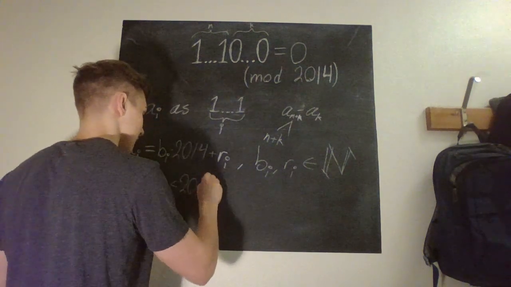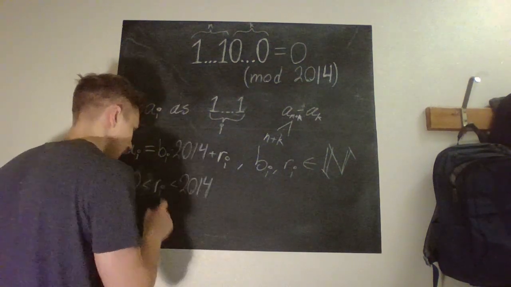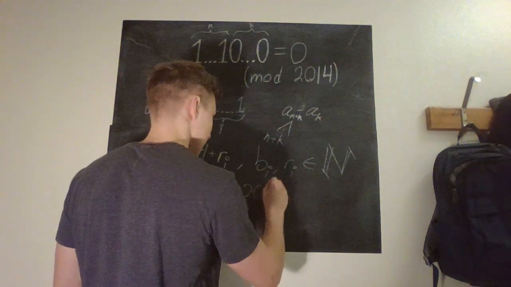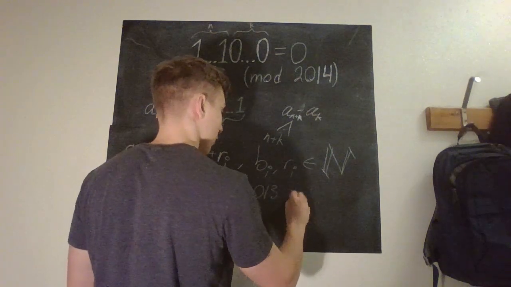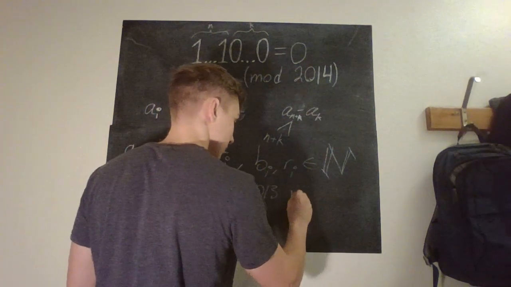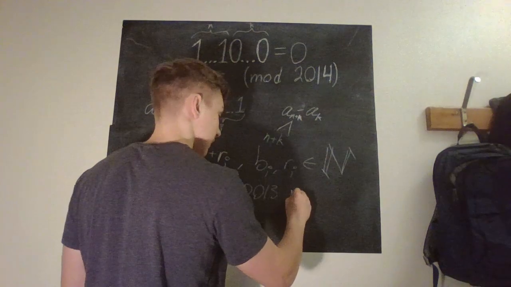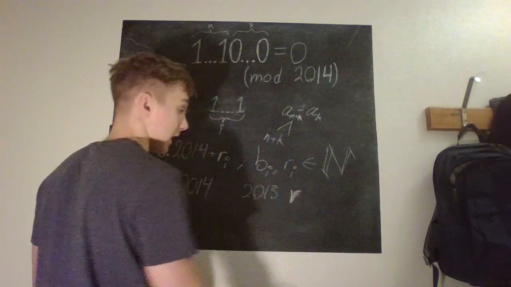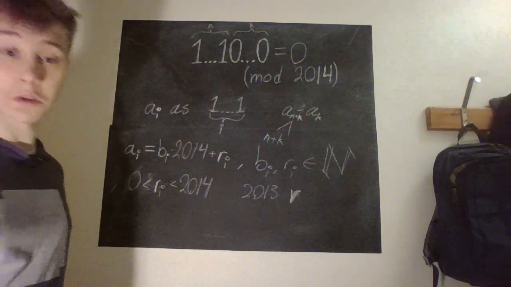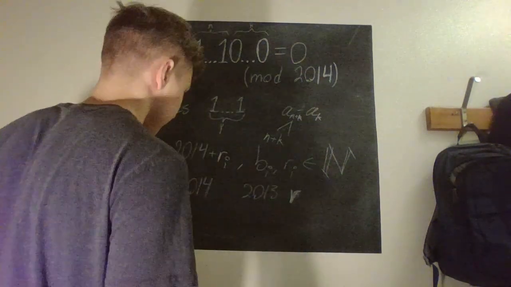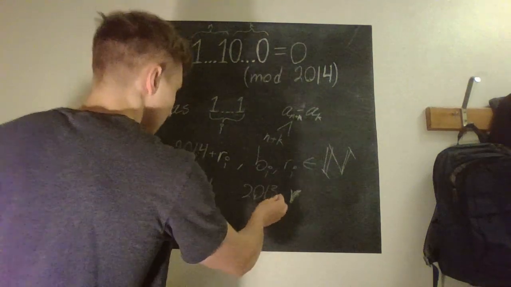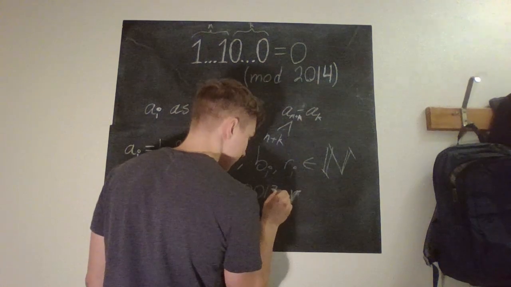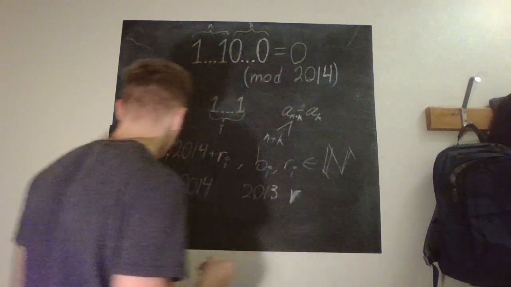Meaning that there are 2013 different values that any number in R can obtain. You could call this the range or whatever. So there are 2013 different r's here. And here is where the pigeonhole principle comes in.